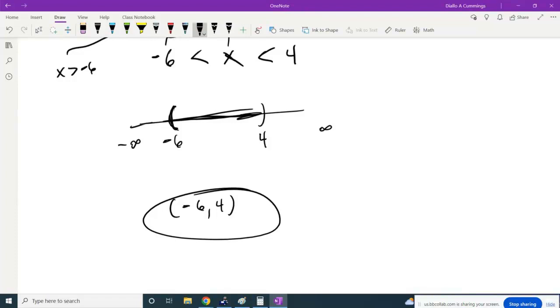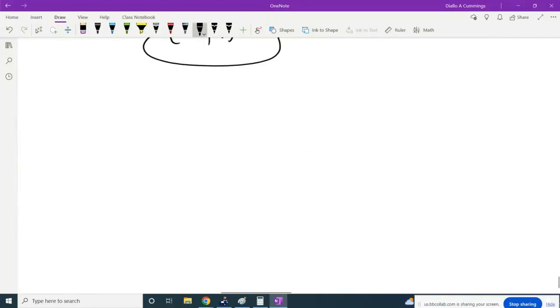So those absolute value inequality problems must be answered in interval notation. And there's also a third formula. So this would be case number 3.